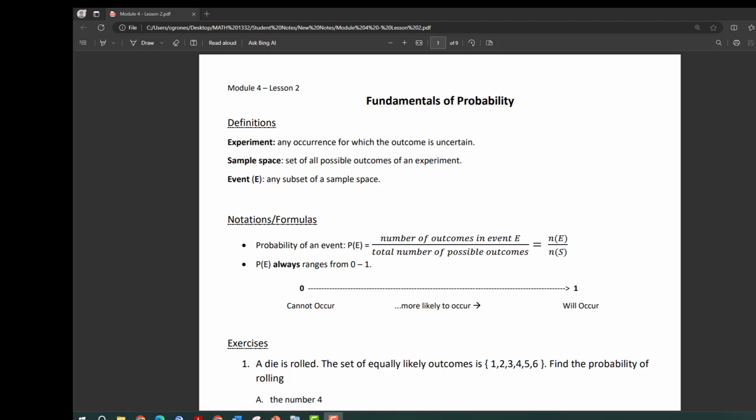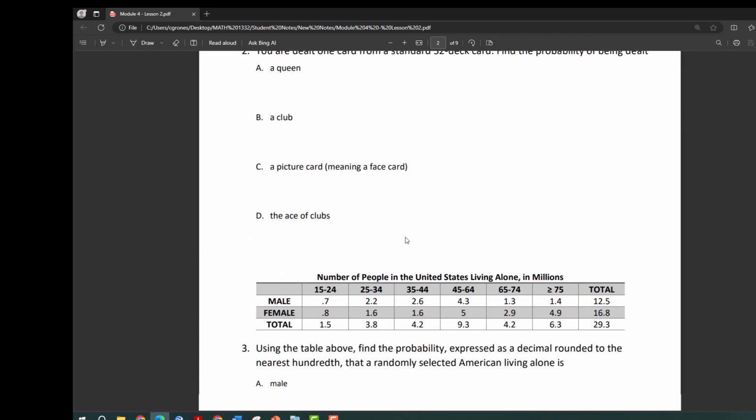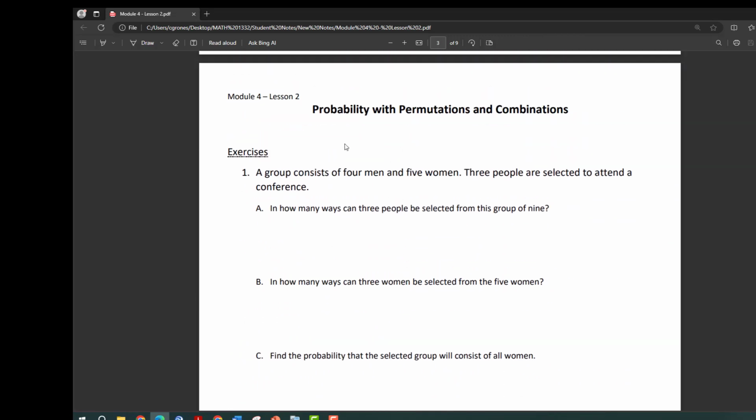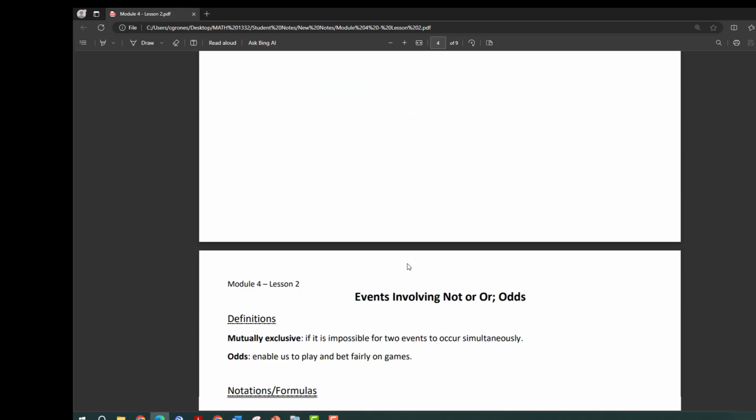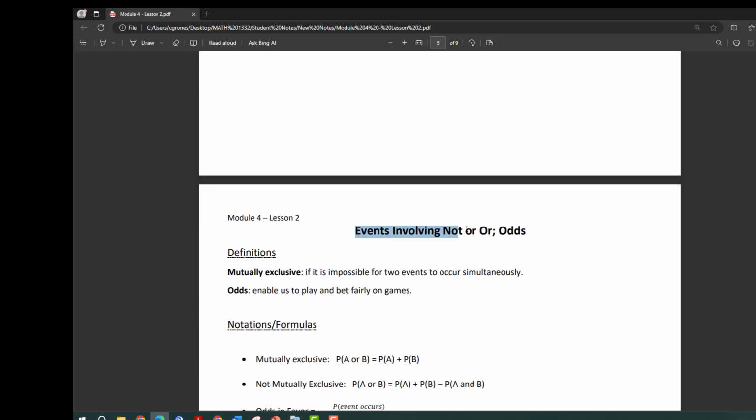Okay, so Module 4, Lesson 2 has 4 different topics that we're going to be talking about. We have the fundamentals of probability, probability using permutations and combinations, events involving not or, and then we have odds.